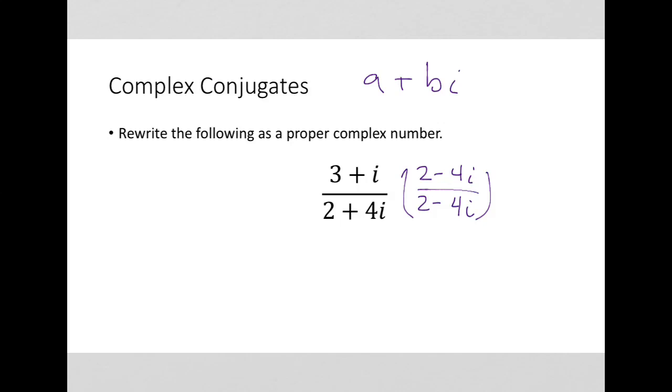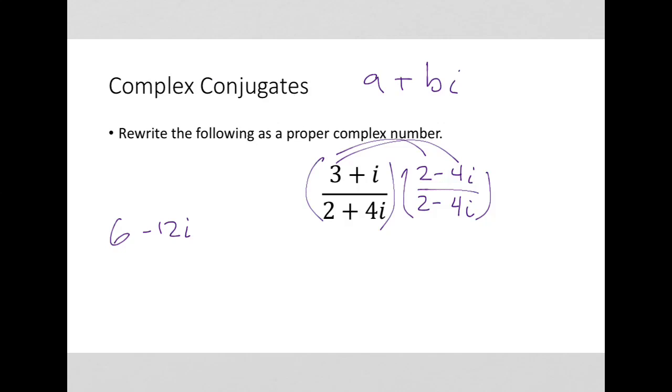I can multiply by the fraction 2 minus 4i over 2 minus 4i, because that is equal to 1. So I'm not really changing my function at all. So when you multiply two fractions, multiply across the numerator and multiply across the denominator. The numerator, I'm going to get 3 times 2 is 6. I'm going to get 3 times negative 4i is negative 12i.